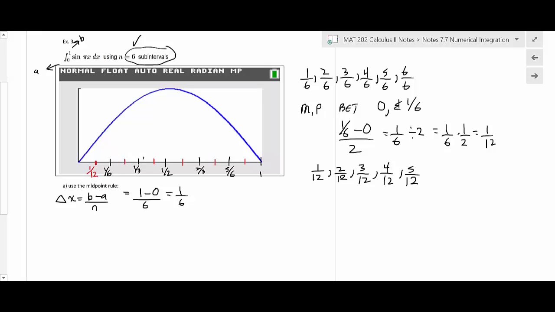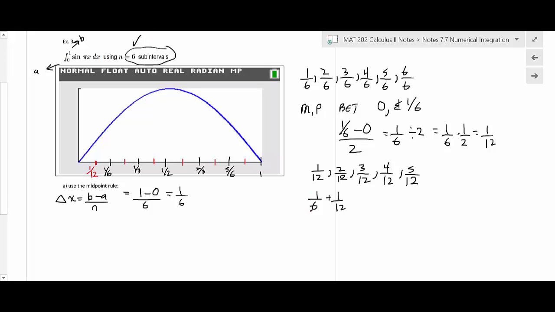For the next midpoint, you take the 1/6 right here and add on that 1/12. Once I get the second one, you'll see a pattern, and then we can calculate this out.